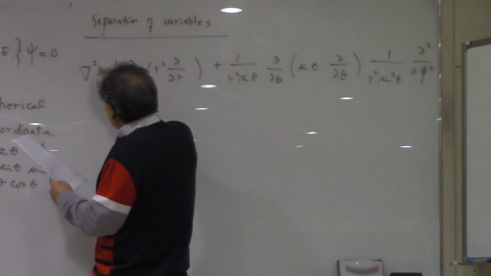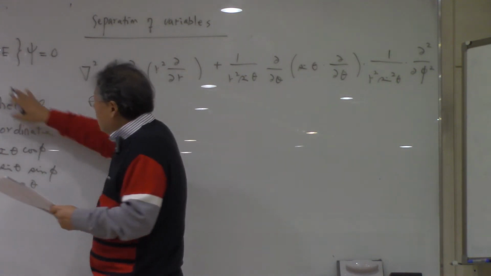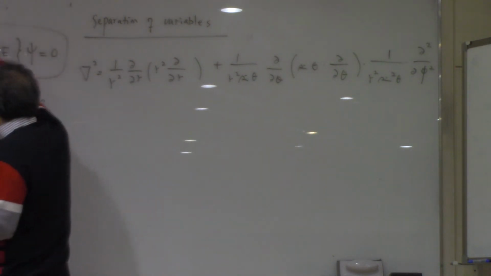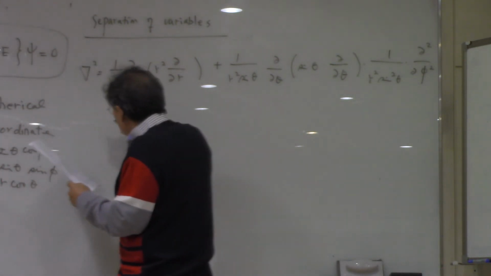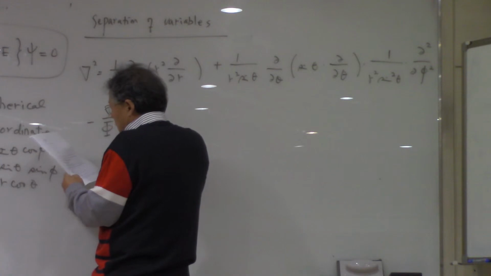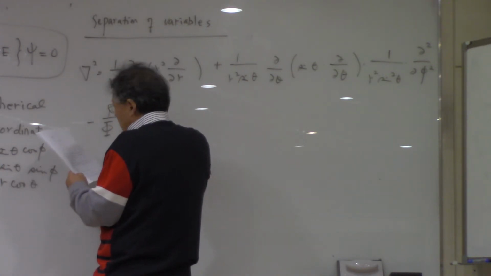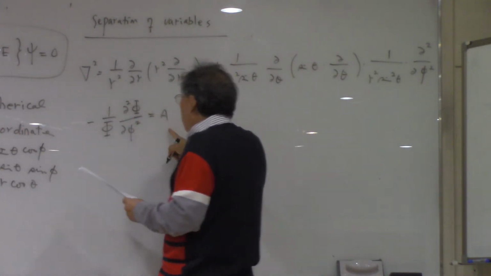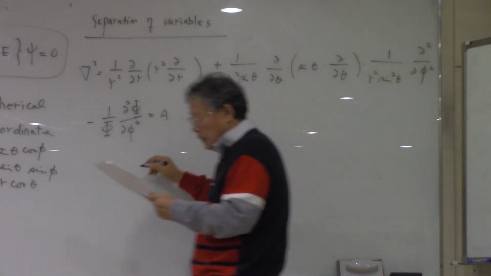And then with the separation of variables, this Schrödinger equation can be solved. Minus 1 over psi, round phi square, round psi, is equal to A, where A is a constant.